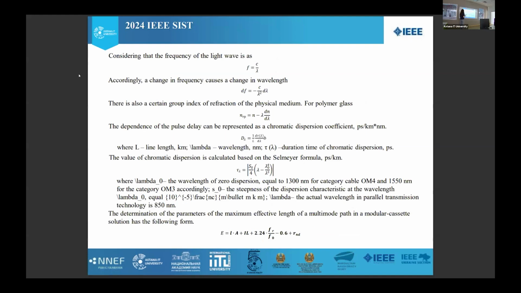Here you can see this formula, which we also used for calculation. Considering the frequency of the light as in this formula, accordingly a change in frequency causes a change in wavelength.